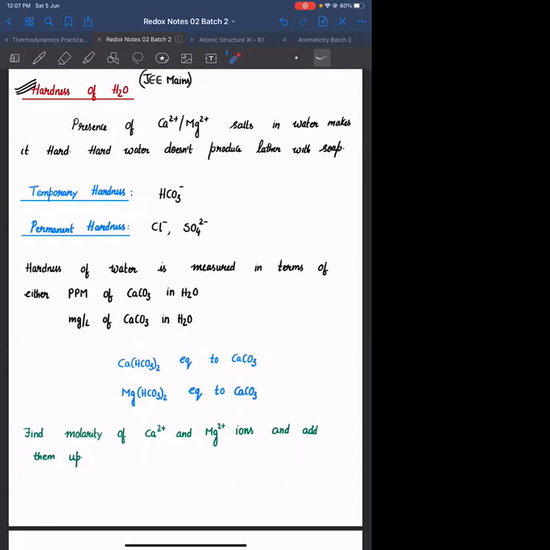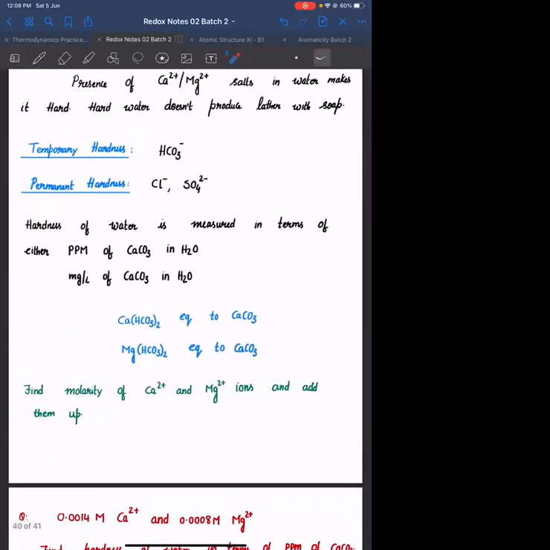What I'm trying to say is 0.2 molar calcium bicarbonate present in water is equivalent to 0.2 molar CaCO3. 0.2 molar magnesium bicarbonate present in water is equivalent to 0.2 molar CaCO3. Is that clear?